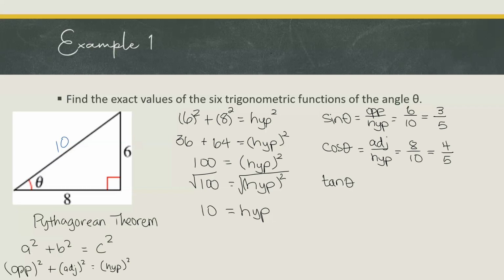Tangent is the opposite over the adjacent side. And that is 6 over 8. Reducing them by 2, I get 3 over 4.